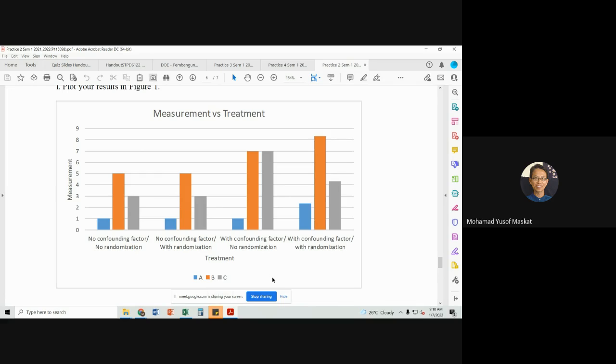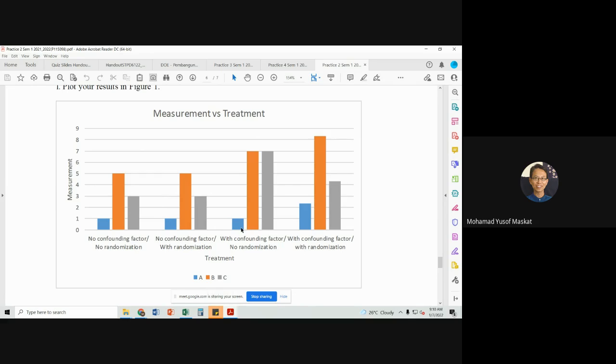If there are confounding factors and we do not do randomization, we will get this kind of result: this is 1, and then this is 7, and then this is 7. You can see that the actual result should be 1, 5, and 3.